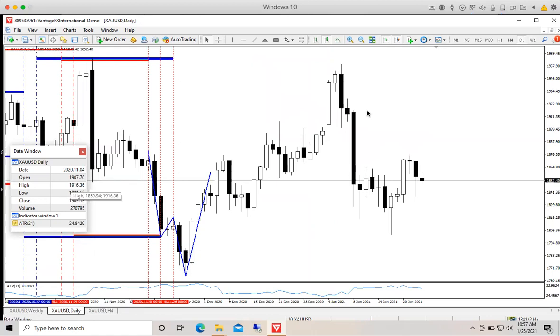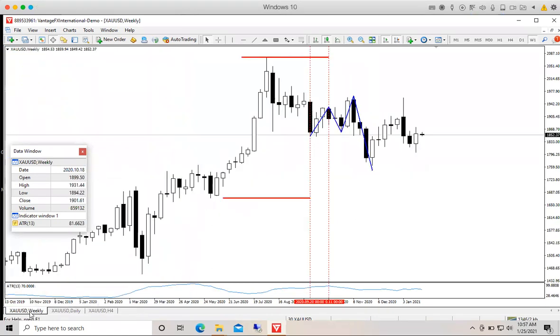Has anybody got a particular instrument you'd like me just to do the update, the analysis for, and we can have a look at that? Or is everyone happy? It's quite a lot of the pairs that we haven't gone through now.